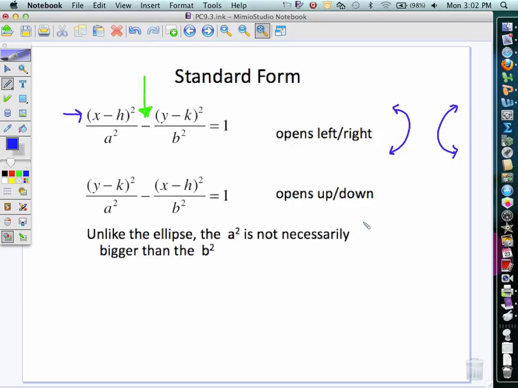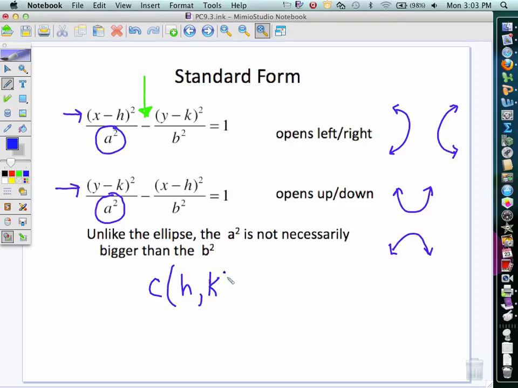If your hyperbola begins with your y squareds, then it opens up or down. Unlike the ellipse, a squared is not necessarily bigger than b squared. In fact, a squared is always just listed first. The center is (h, k). This is an important piece of information.